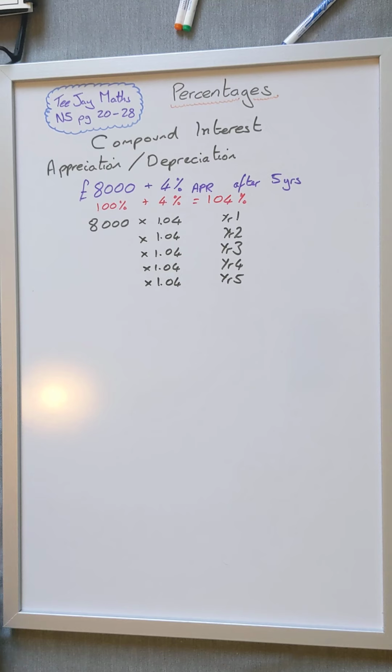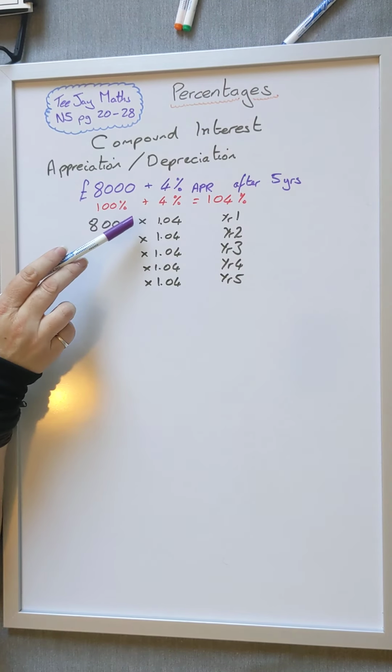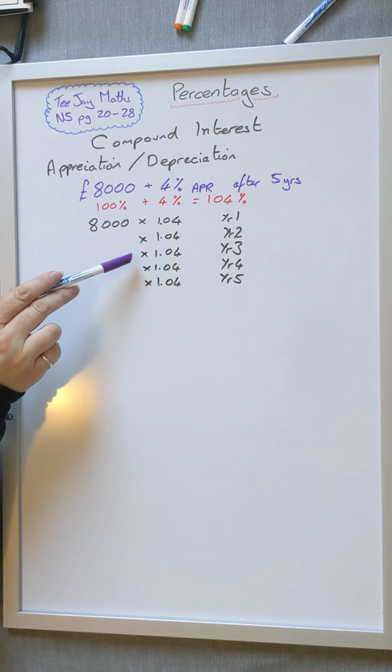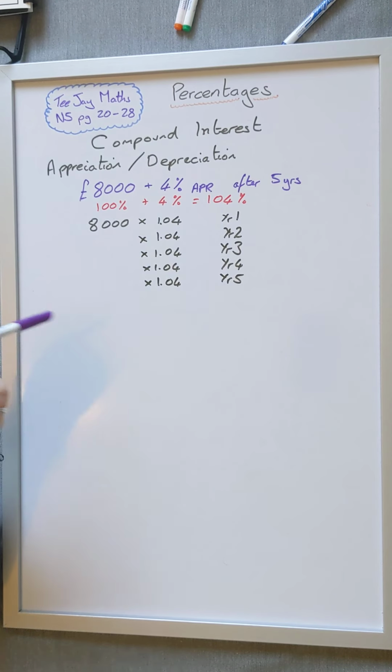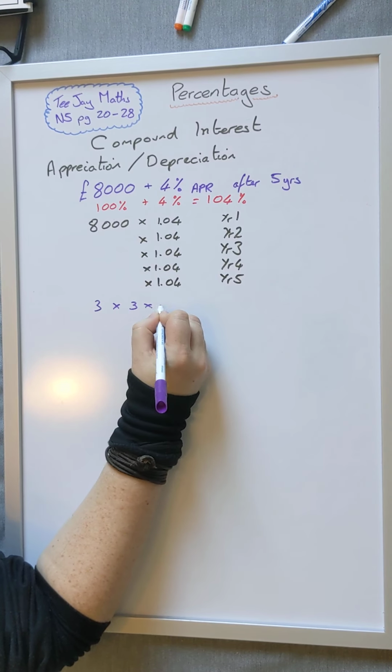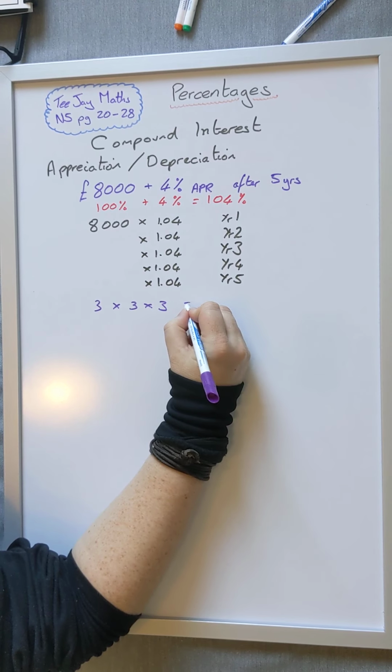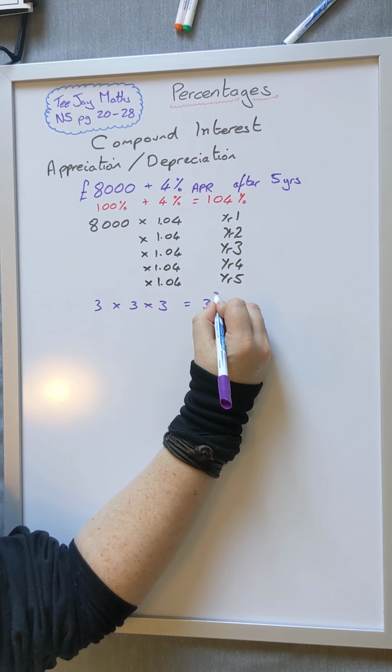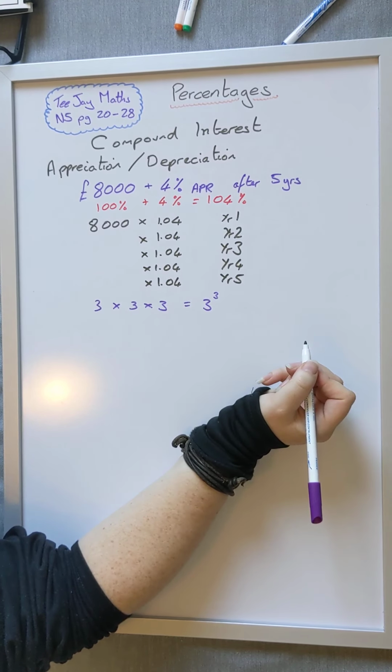You may remember from when we were discussing algebra, what do we do when we repeat a multiplication? So if we had 3 times 3 times 3, we could write that as 3 to the power of 3.